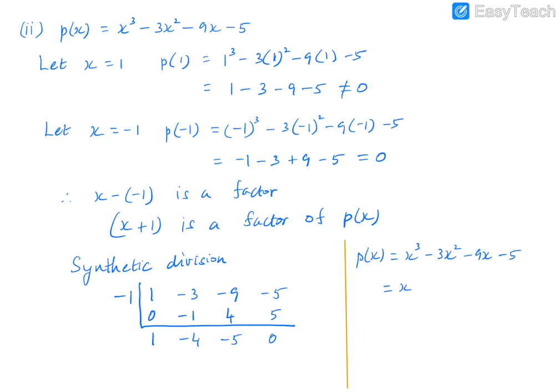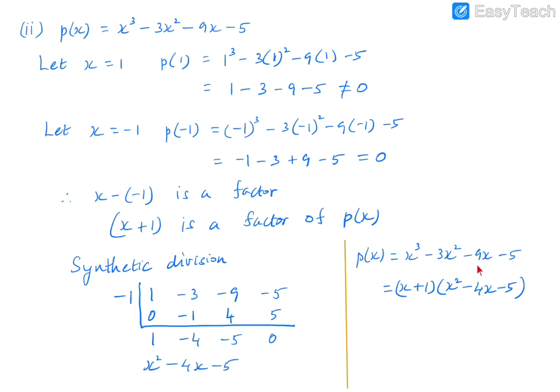The first factor is x plus 1, and the second factor will correspond to x squared minus 4x minus 5. So the second factor is x squared minus 4x minus 5. Okay, so we have these two factors.